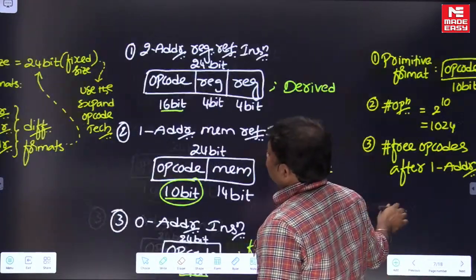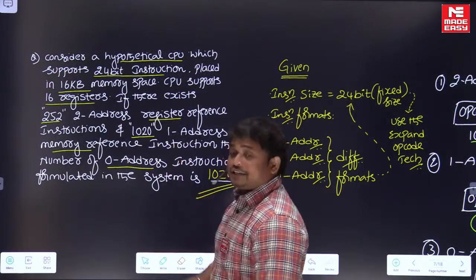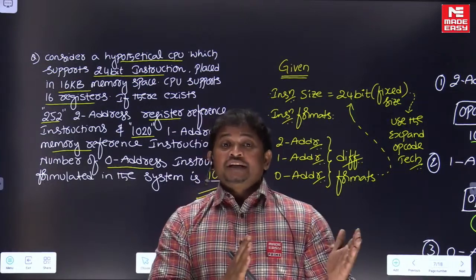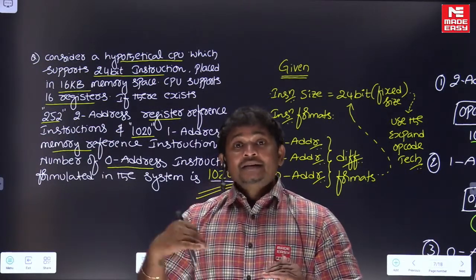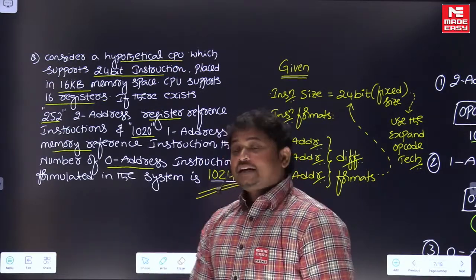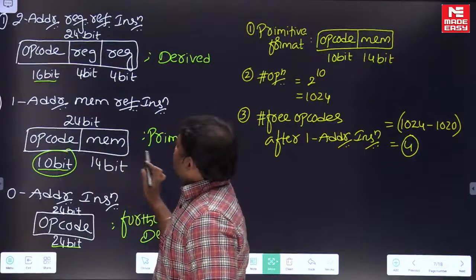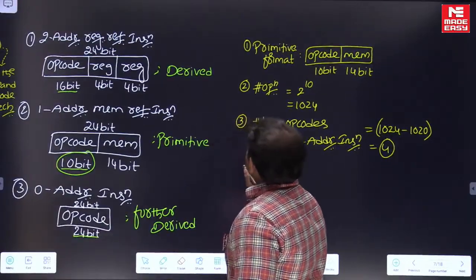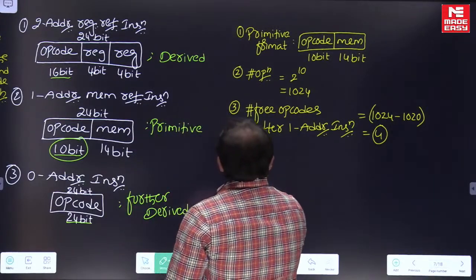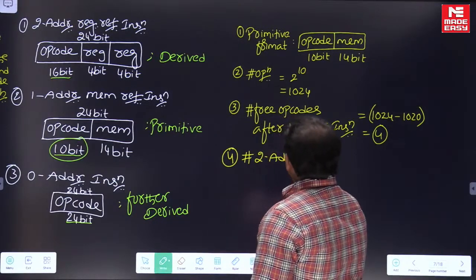See the question: it is given clearly that 1020 one address instructions are already implemented. So total possibilities 1024 minus implemented 1020, free 4. 4 opcodes are free. These free opcodes are used for the two address instruction, the derived instruction. See this. Number of 2 address instructions possible?